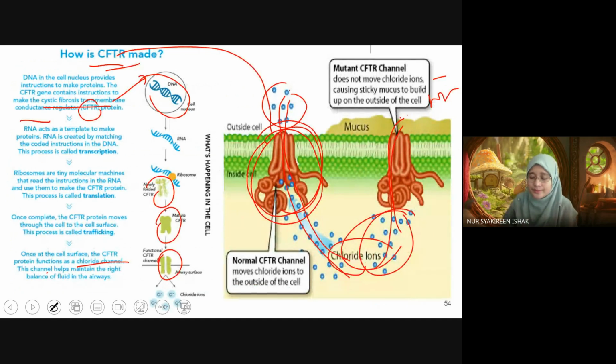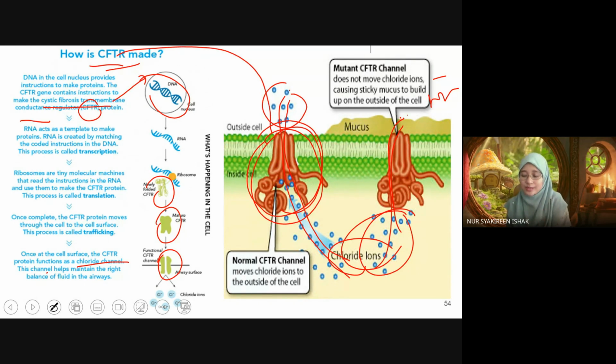Can you all understand? Okay. That is cystic fibrosis. So I will highlight again. Cystic fibrosis is when the gene that codes for the synthesis of the channel is mutated. So the channel cannot be synthesized, or if it is synthesized, it cannot function.